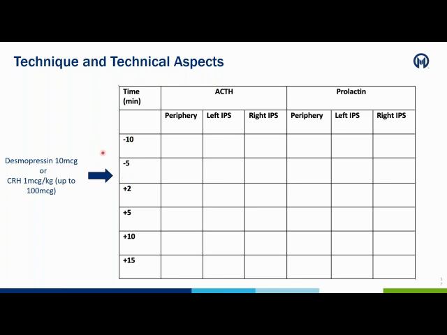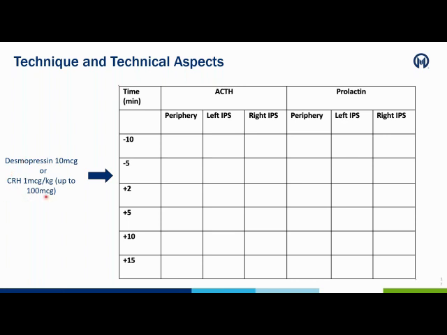So what happens once the catheters are in place, we do blood samples at -10 as baseline, and -5. Then we inject the stimulation. We perform the drug stimulation that can be done with either desmopressin or CRH.